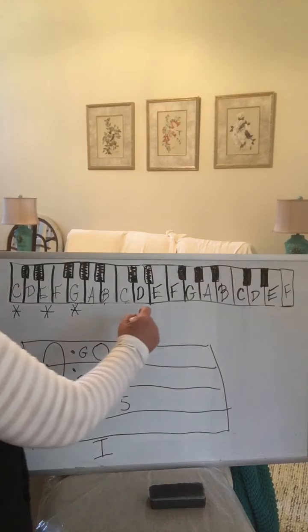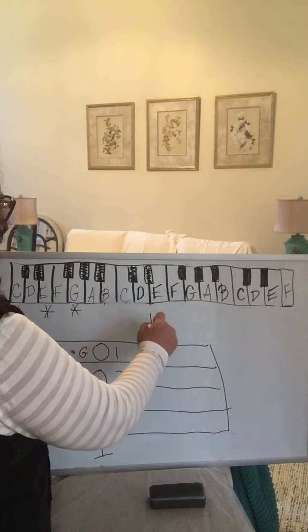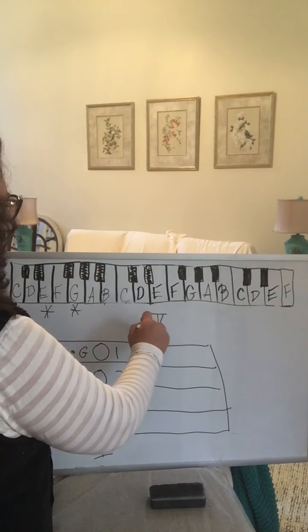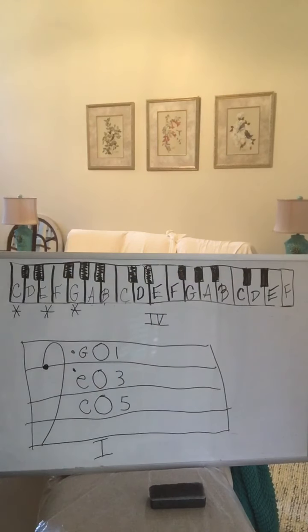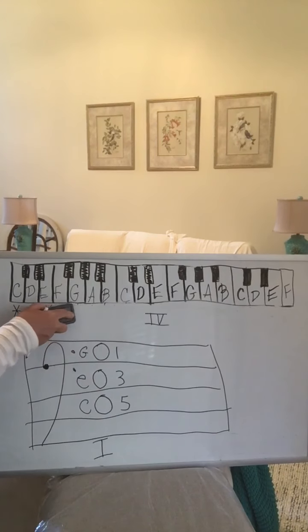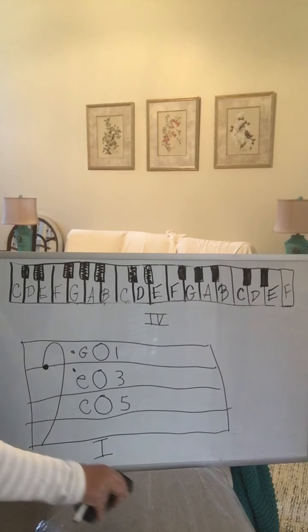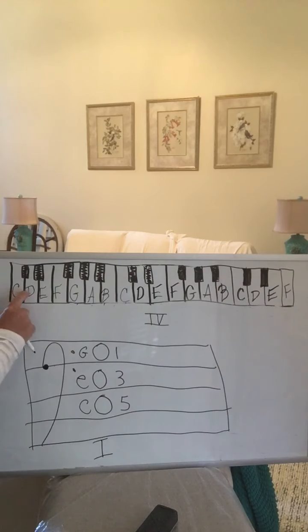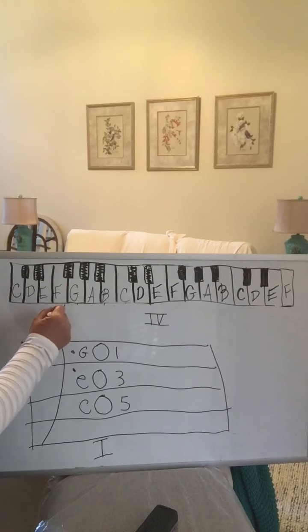Now to play our number 4 chord, remember we said you go to the 4th note of the scale. 1, 2, 3, 4. We start skipping.